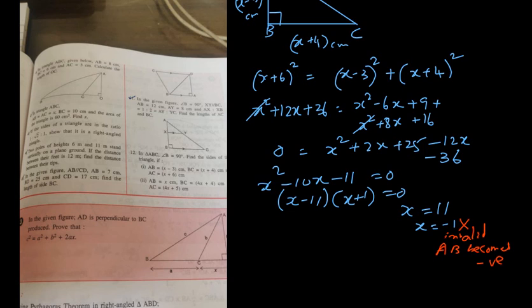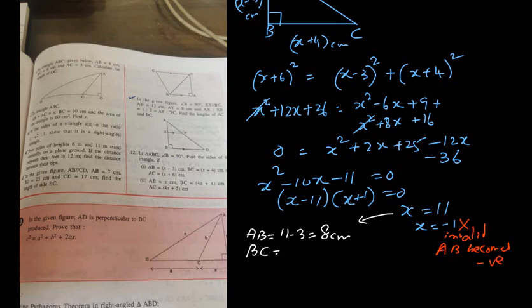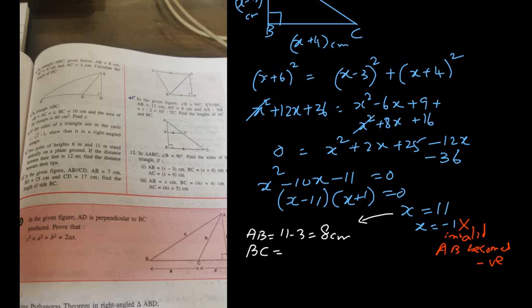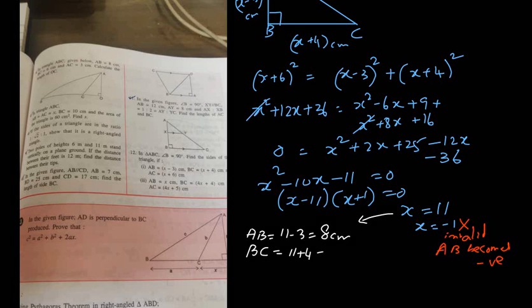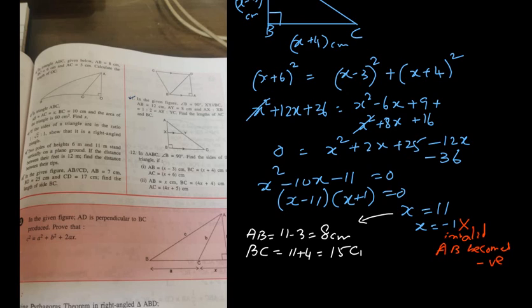AB is 11 minus 3, which is 8 centimeters. BC is x plus 4, that means 11 plus 4, it's 15. AC equals x plus 6, 11 plus 6, 17 centimeters.